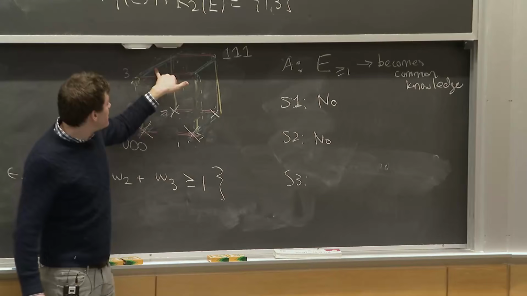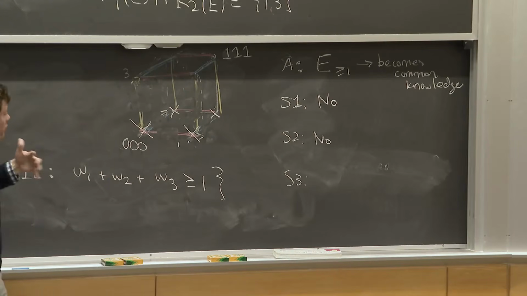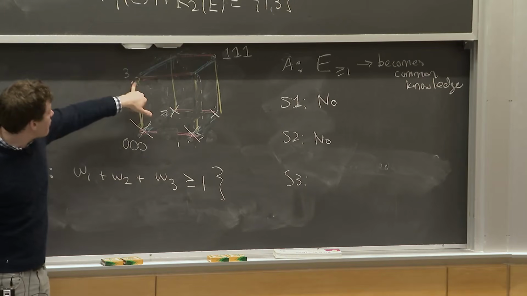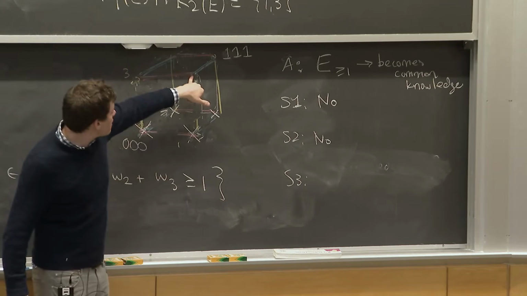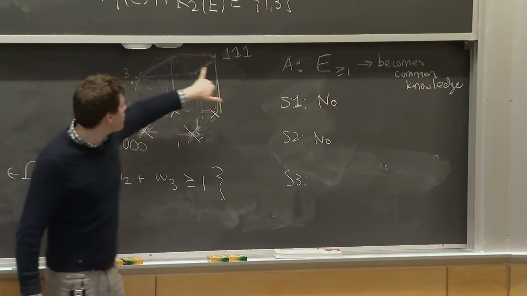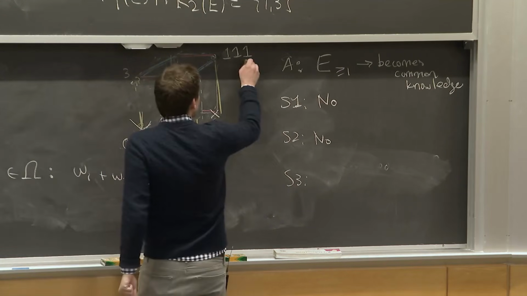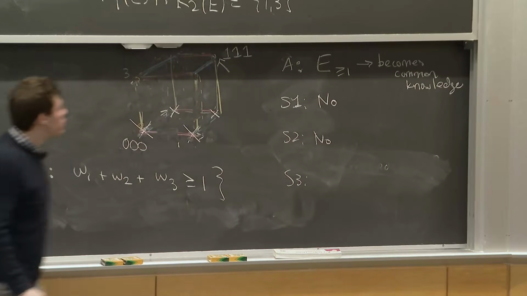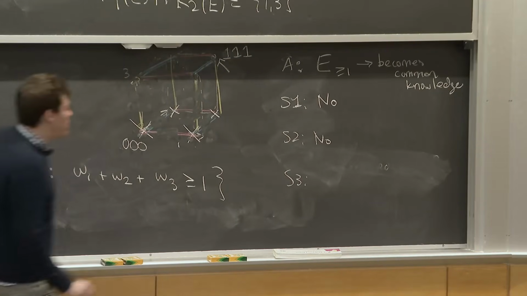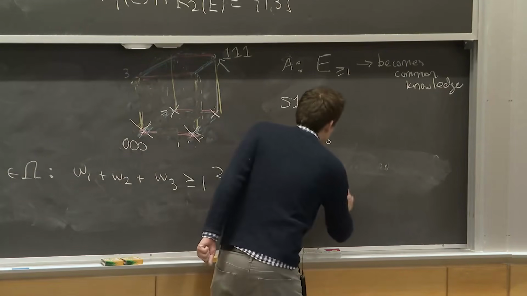Player 2 sees this, but player 3 actually now perfectly knows the state. Why? Because if the state is here, then player 3 knows it. If the state is here, player 3 knows it. If the state is here, player 3 knows it. And if the state is here, player 3 knows it. So now player 3, when the state is actually 1, 1, 1, is able to conclude that the state must be here, and therefore the answer is yes.